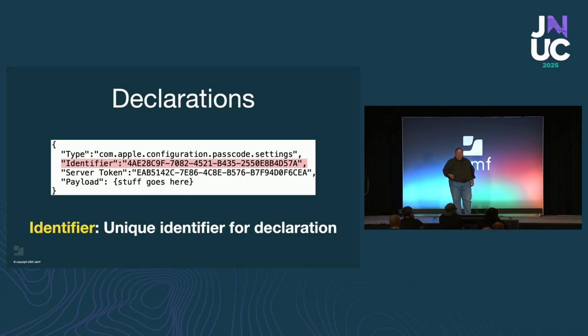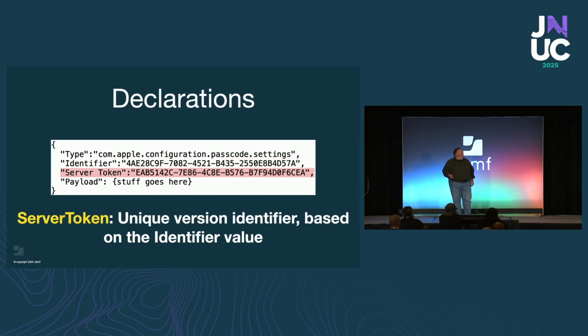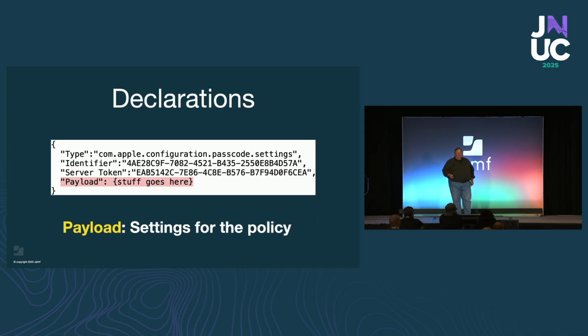Identifier provides a unique identifier for the declaration in the form of a UUID. Server token provides a unique identifier for the current version of the declaration based on the identifier value in the declaration. This will also be in the form of a UUID. And payload contains the settings for the policy being sent by the declaration.